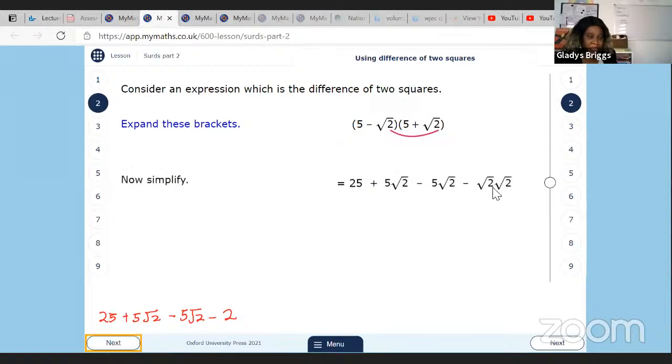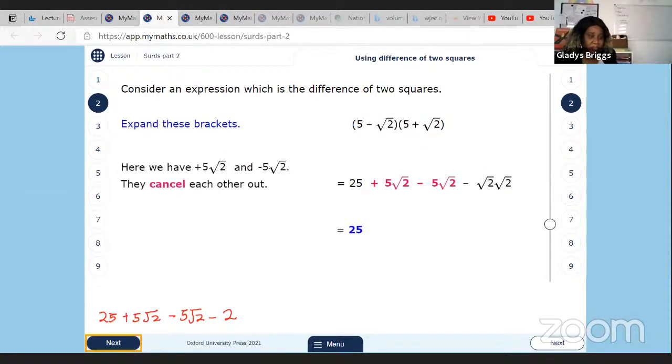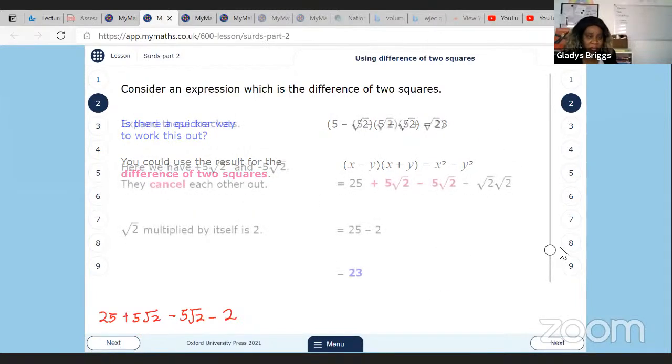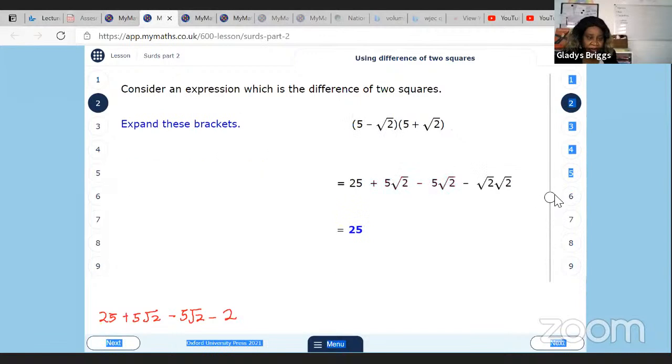I've already done that one for you. How did we get there? Come on, let's go back. Right, that's where I was going to. Let me take this back up.